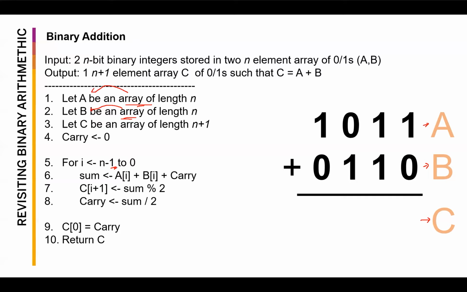In case you're wondering why it's n minus 1 and not n, if you recall, in arrays our indices start at 0. So it's not really 1, 2, 3, 4. Even though it's 4 bits, it's actually 0, 1, 2, 3. So the rightmost bit is actually at index n minus 1. In this case, it's at index 3.